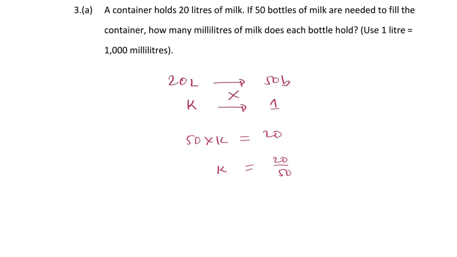Next we need to convert them into milliliters by multiplying by 1000, of which after solving the values, we are having 400 milliliters. Therefore, we can say that each bottle is going to hold 400 milliliters of milk.